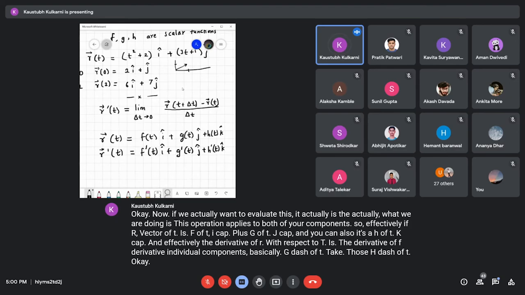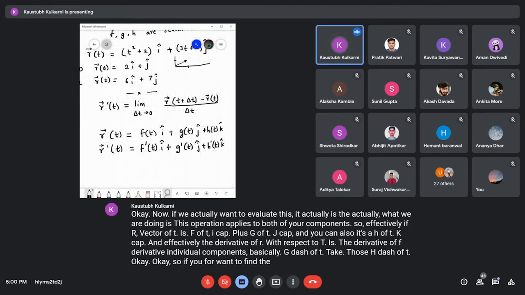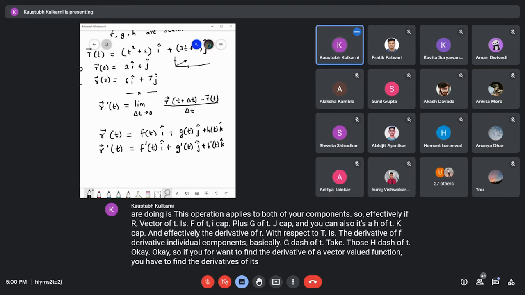So if you want to find the derivative of a vector valued function, you have to find the derivatives of its individual components.